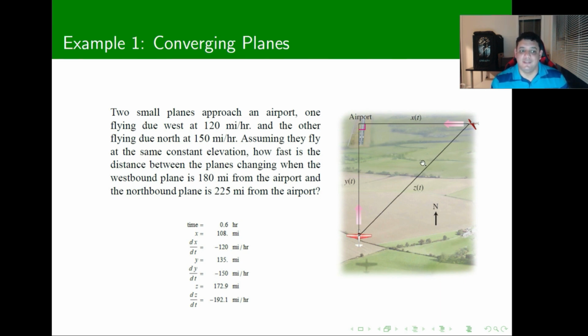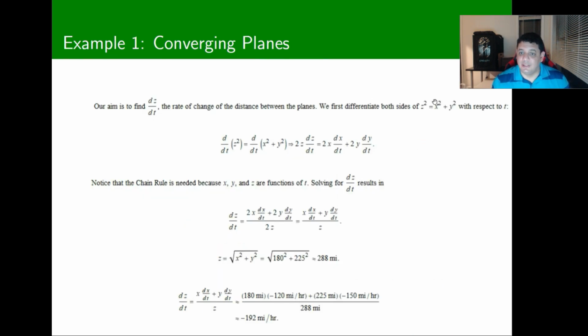How fast is the distance between the planes changing? So we need to express that in a function. Then we need to differentiate and then check how the rates are related. Okay? And here you can see what I did on the board, essentially taking the derivative of all these values, and essentially getting dc/dt.